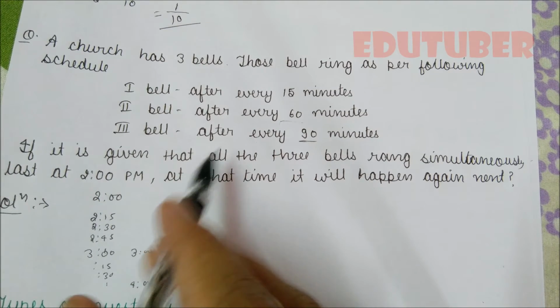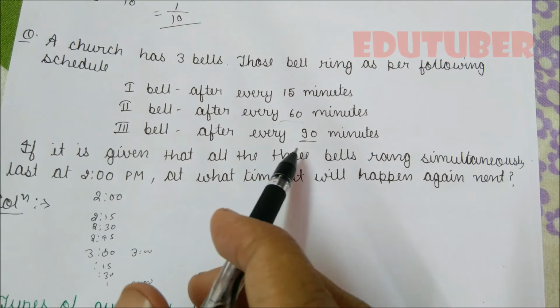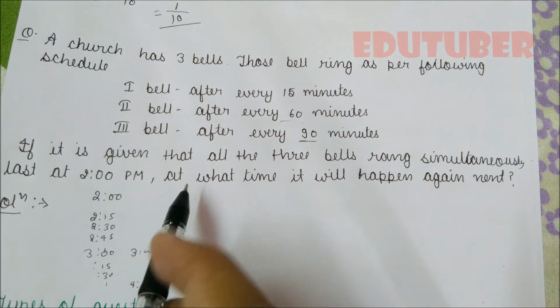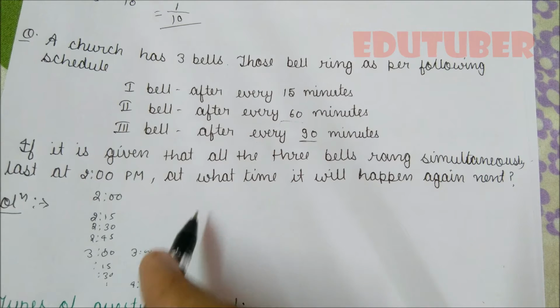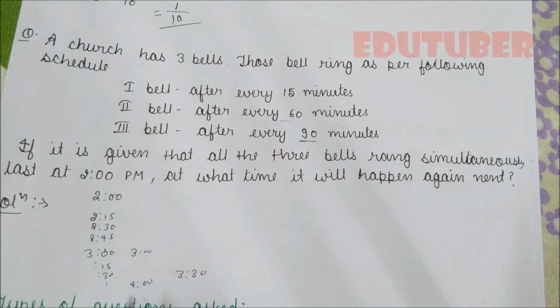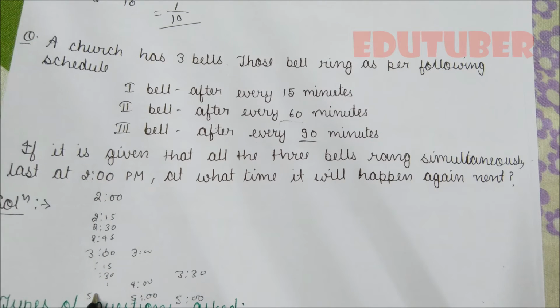Similarly the third bell rings after every 90 minutes. So if it rang at 2 p.m., now it will ring at 3:30. Then next it will ring at 5 p.m. So the third bell will also ring at 5 p.m.